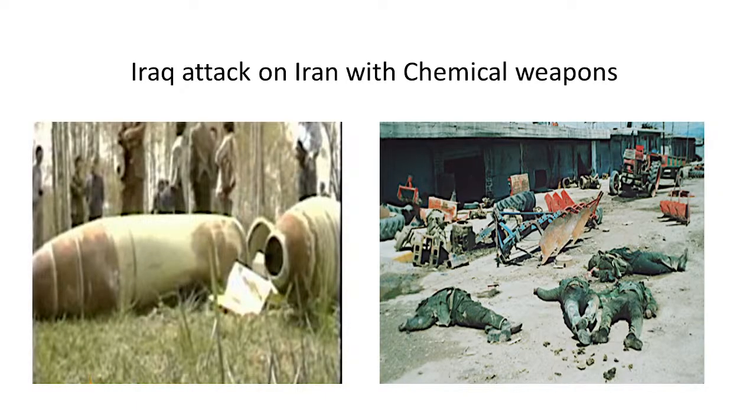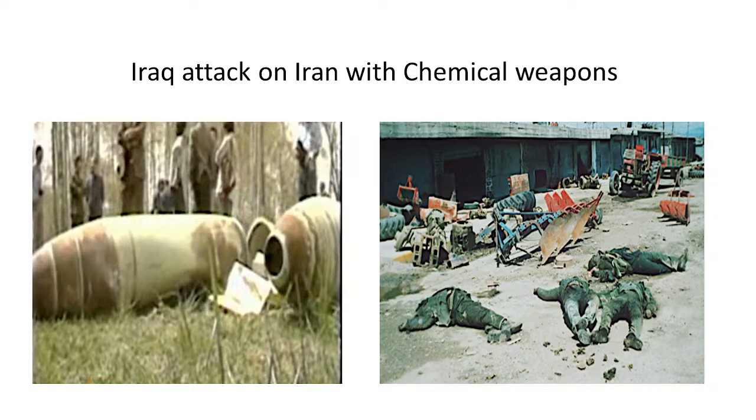Now these are chemical incidents which were not intentional. They were accidental. Now come to the intentional ones, where you use a chemical weapon to harm people. Any idea about the Iran-Iraq war?